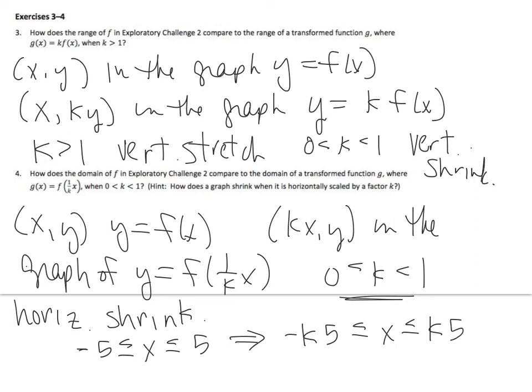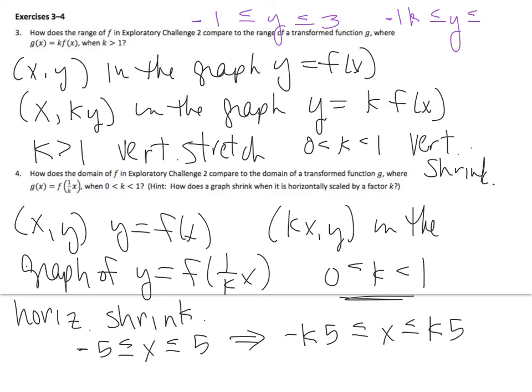So my original range here was -1 to 3. It becomes -1k to 3k, or 3k.